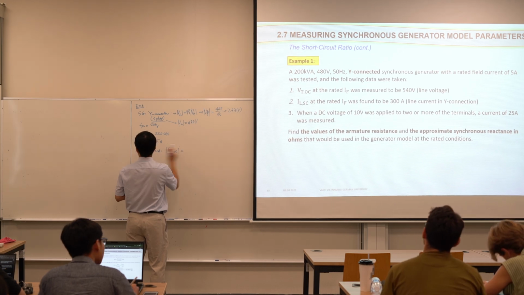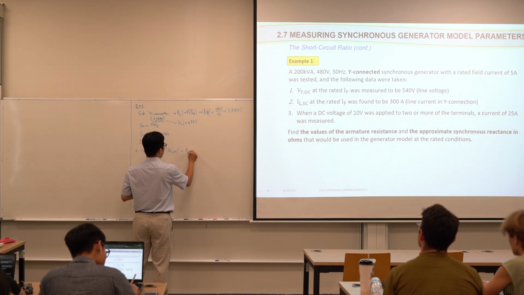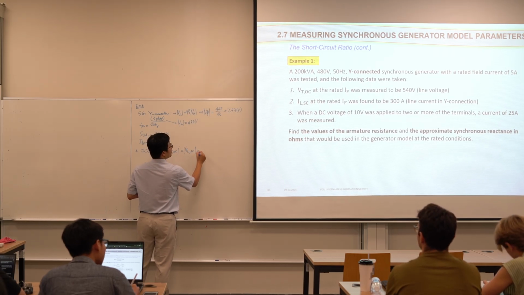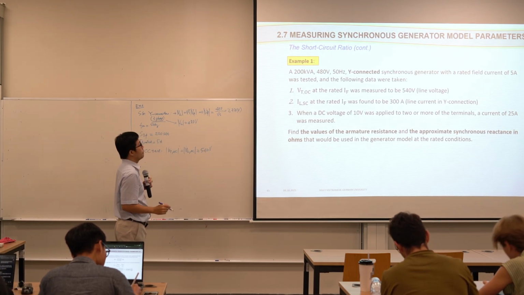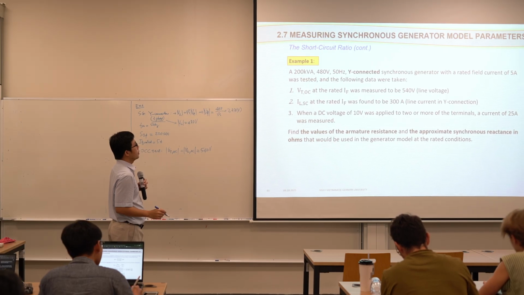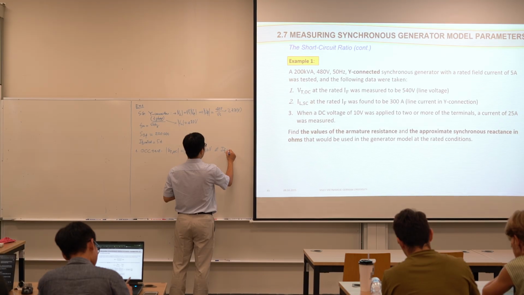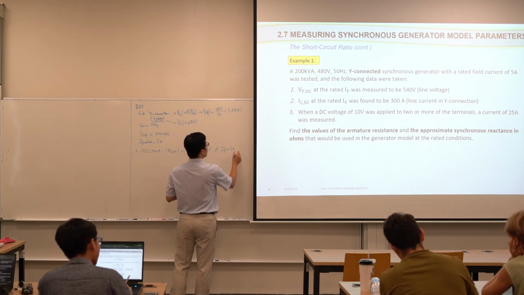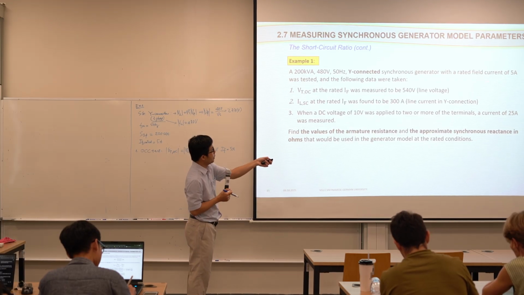So this is VL open circuit, 540 volt, at the rated IF, and the rated IF here is 5 amperes.